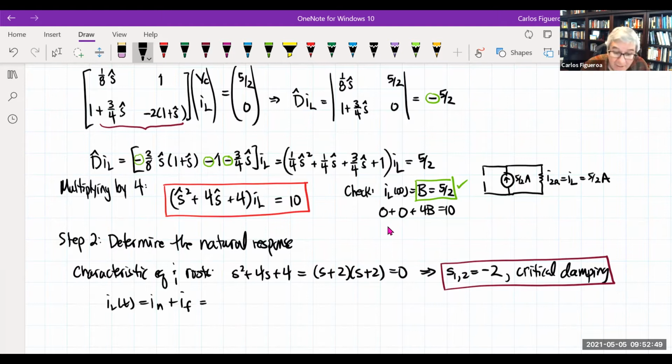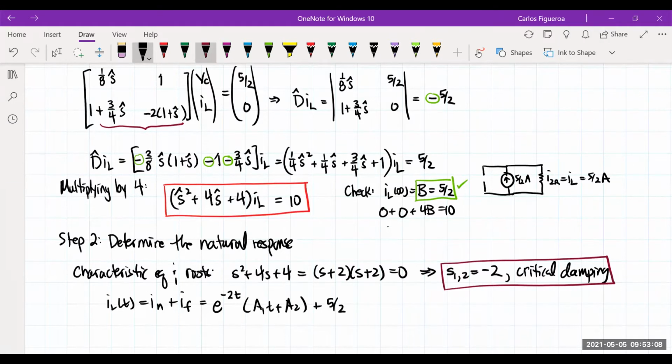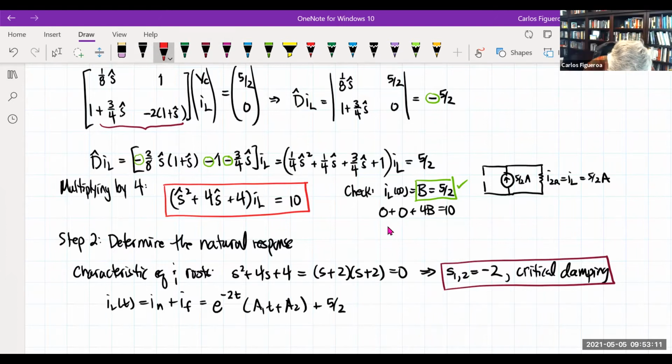So then my critical damping means that it's got to be e to the minus 2t times a1t, a2, look at my two constants, plus b. But b in this case we saw was 5/2. Here I go. So now I have my general response.